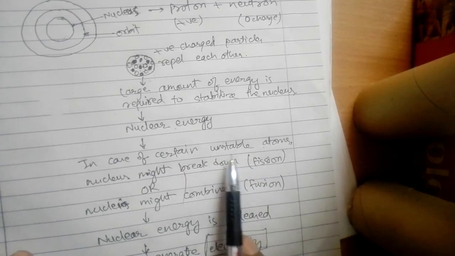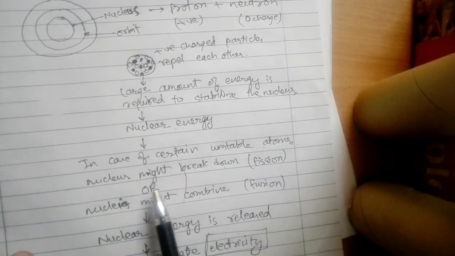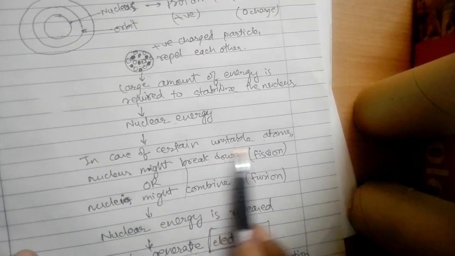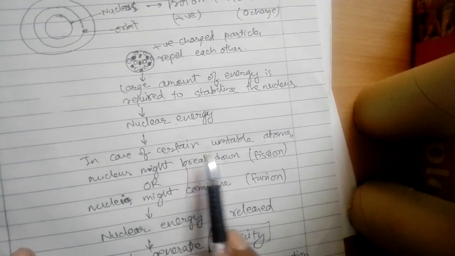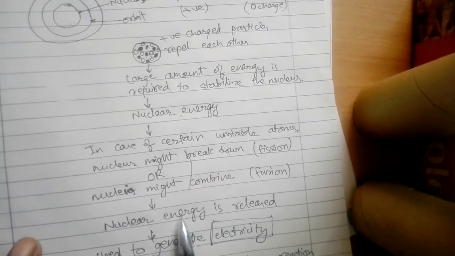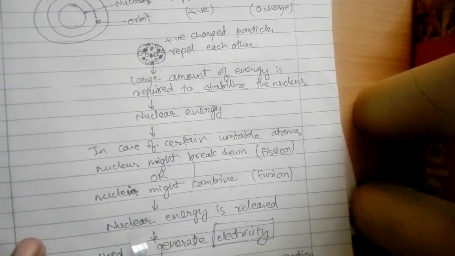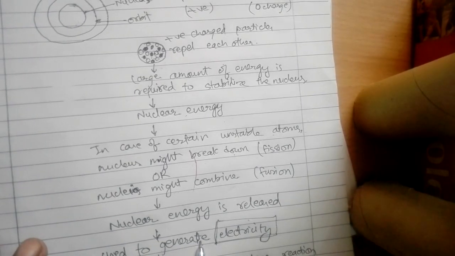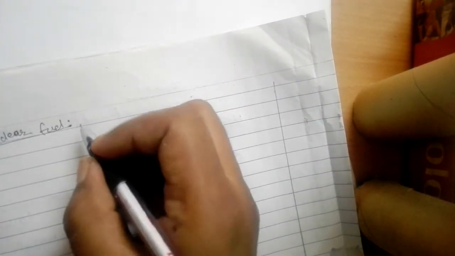Some atoms have unstable nucleus that can be broken down or combined, and such atoms which can release nuclear energy and can be utilized to generate electricity are called nuclear fuel. You might already know some examples like uranium, plutonium, radium, curium, etc. Among them, uranium is the most common one.